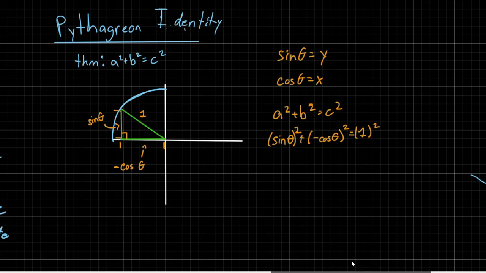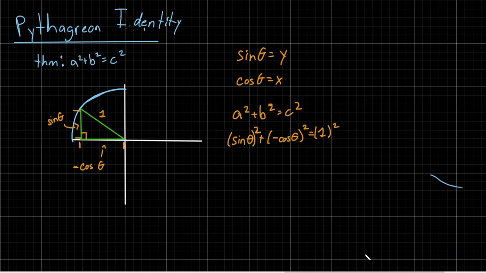Okay, this is what you need to copy down. We're doing a Pythagorean identity. So we looked at a triangle, x and y inside of it. Okay, sine of theta squared. We're just going to square it.